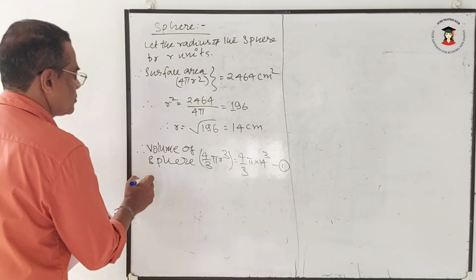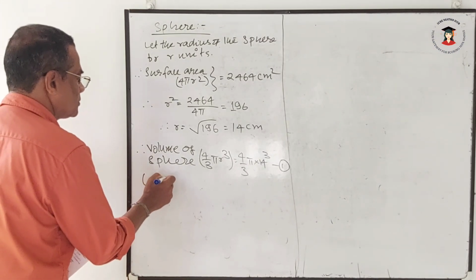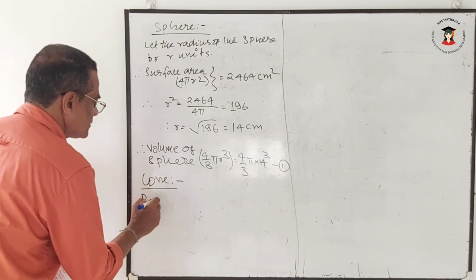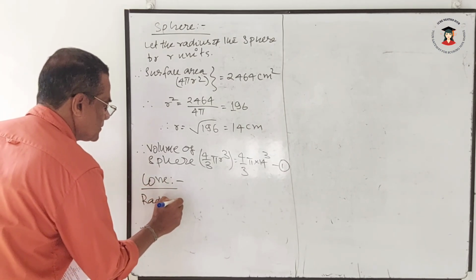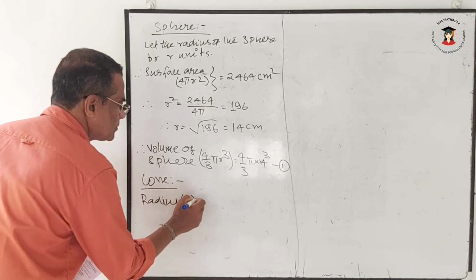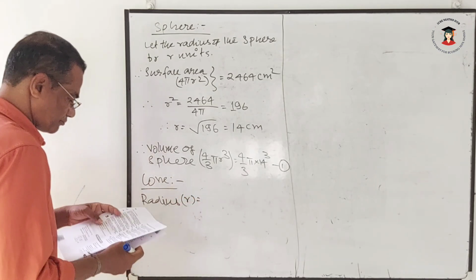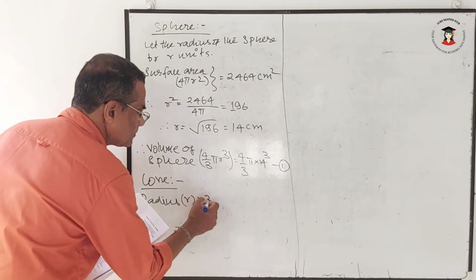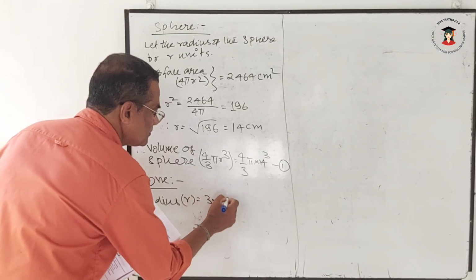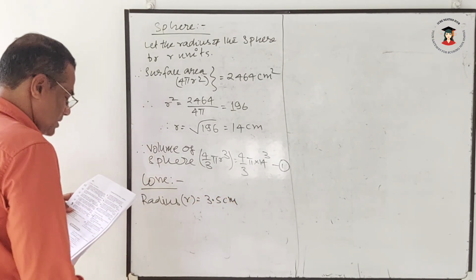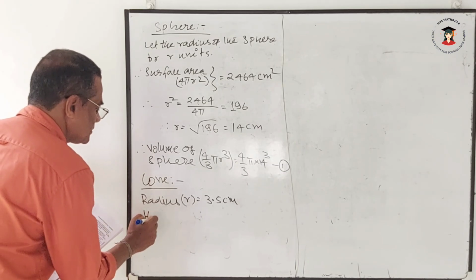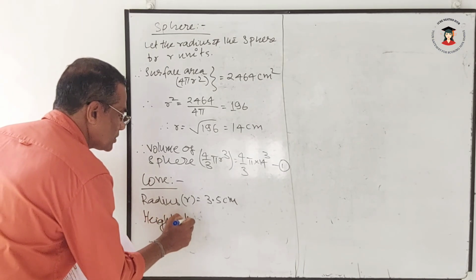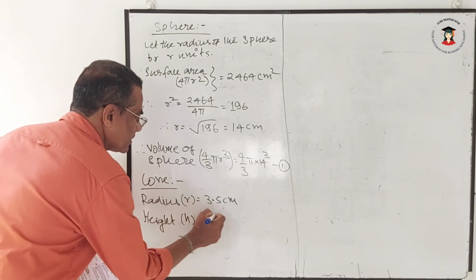Next, cone. Radius r equal to 3.5 centimeter. Height h is equal to 7 centimeter.